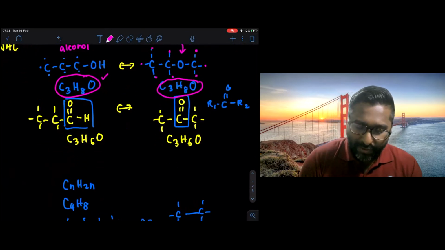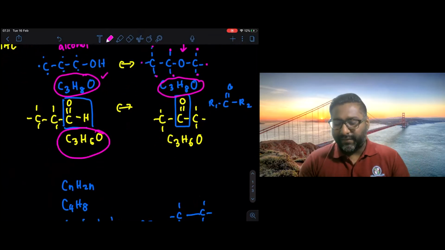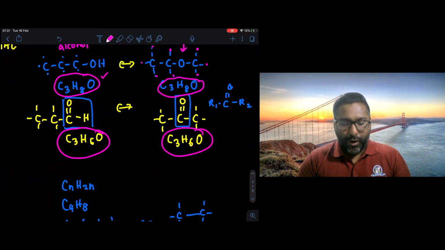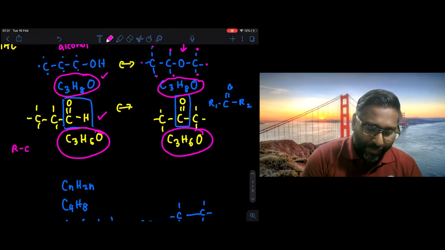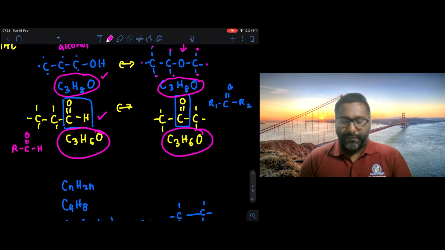Let's say we are looking into C3H6O. We can draw an aldehyde with three carbon, because aldehyde will have this formula. When I draw it, all of this matches this molecular formula.